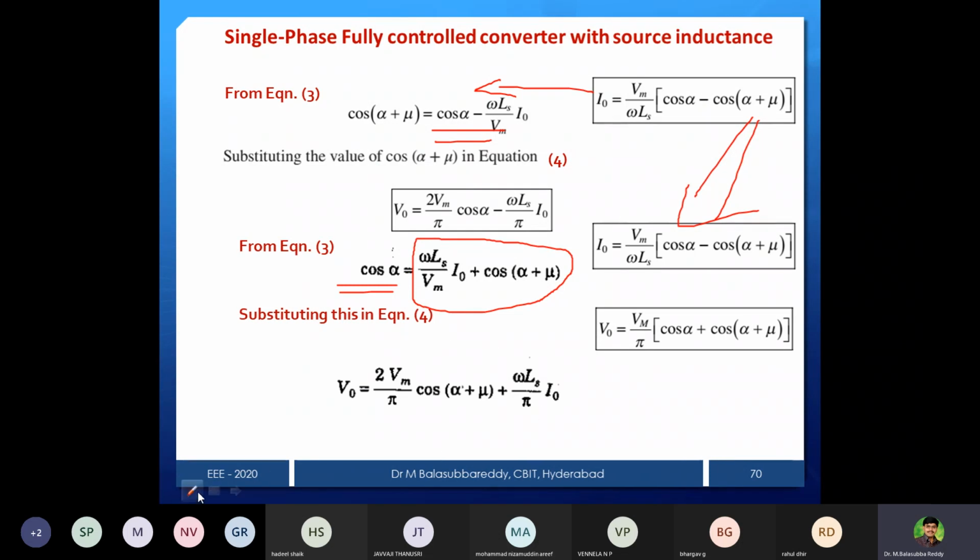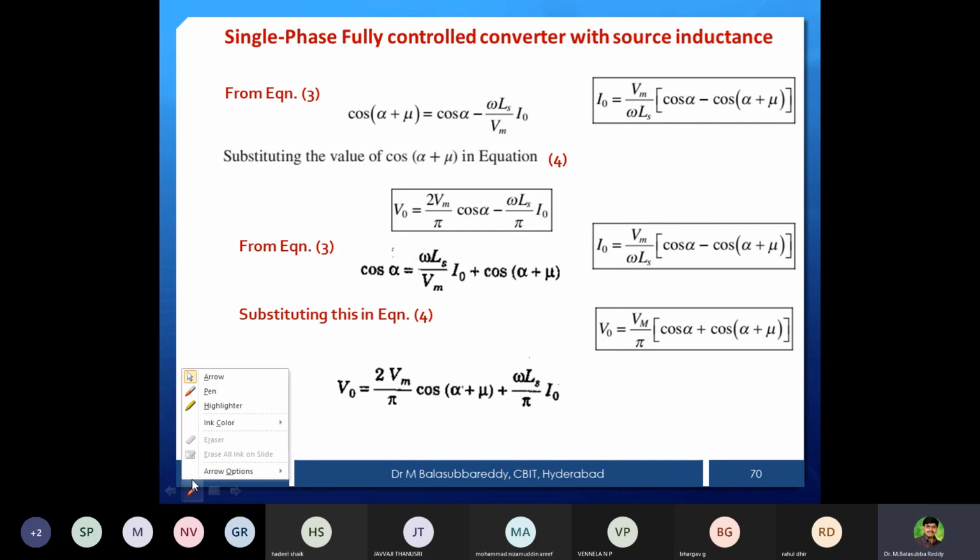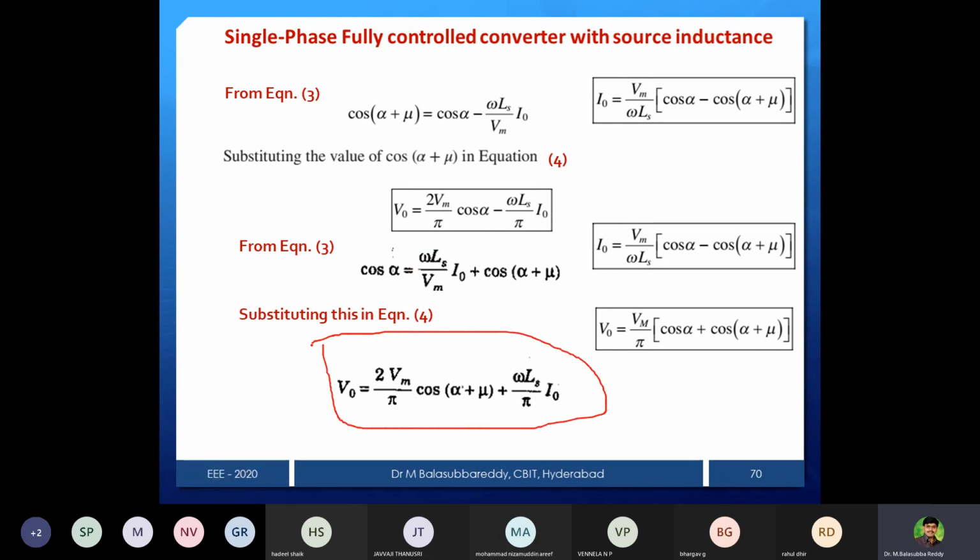Now you need to remember only three expressions. One is this one. You notice a very small difference. If I use cos alpha, you keep minus here. If I use cos of alpha plus mu, keep plus. Both equations are the same, but one equation is in terms of cos alpha, the other in terms of cos of alpha plus mu.